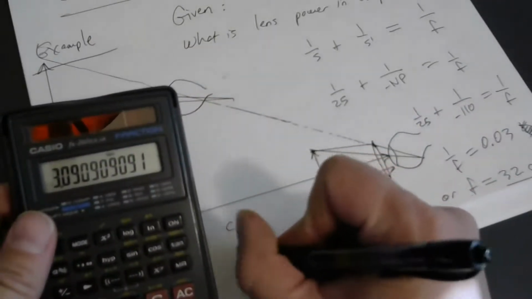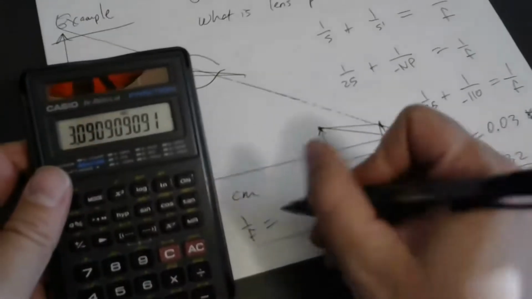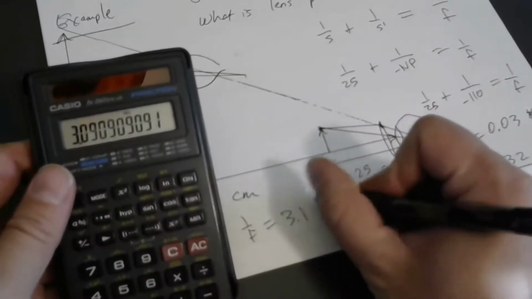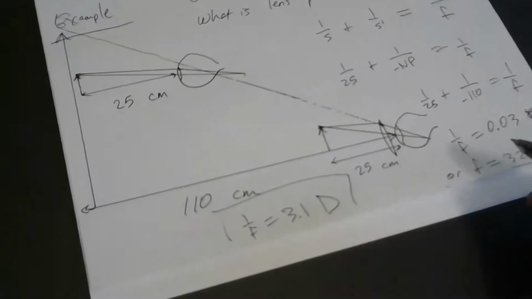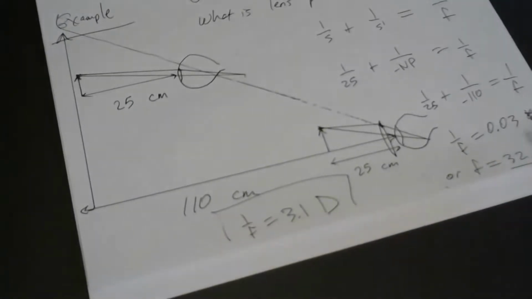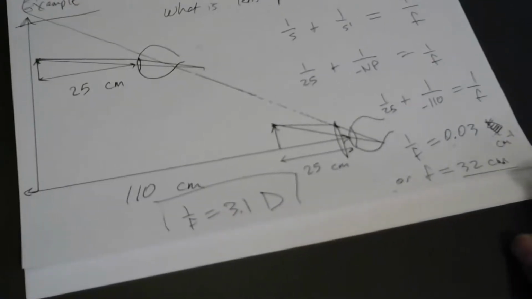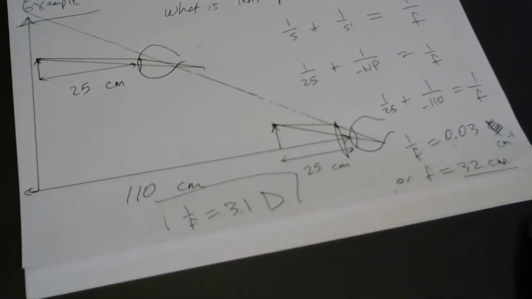The power, which is the reciprocal of the focal length, would be something like 3.1 diopters. That's the SI unit. Okay, evidently to convert from an inverse centimeter to an inverse meter, you would multiply by 100. Makes sense. That's the opposite of converting from centimeters to meters.